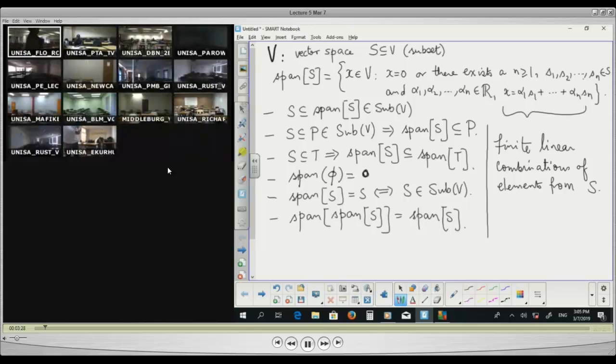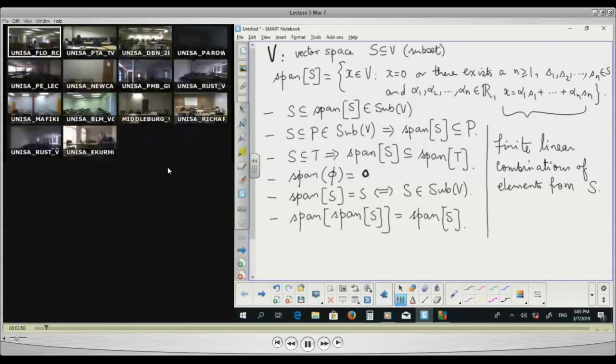And well, I believe the name itself is quite suggestive. This is linear combination, this fact. So we will go on calling such things linear combinations and so on.